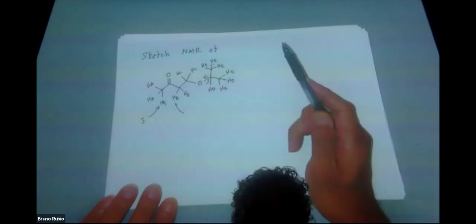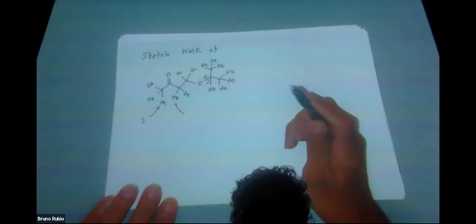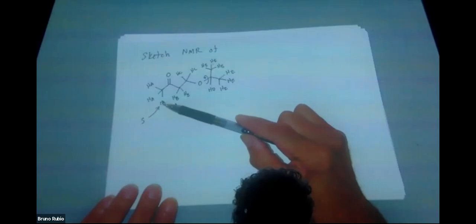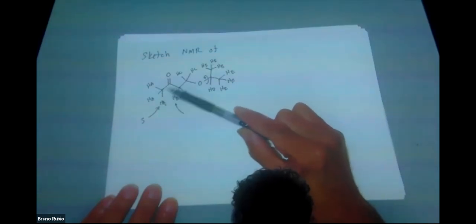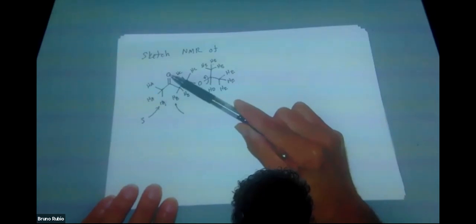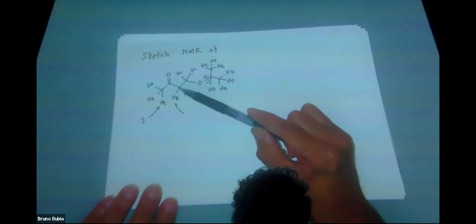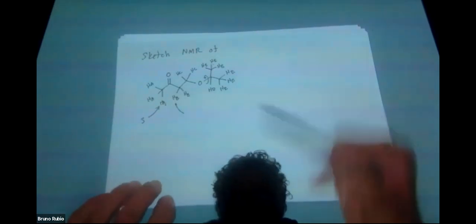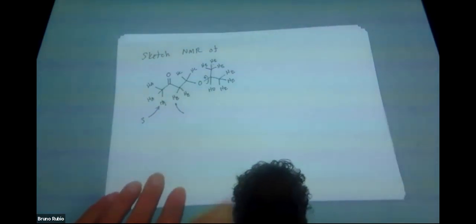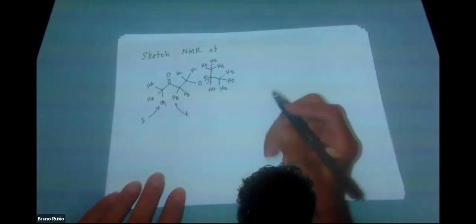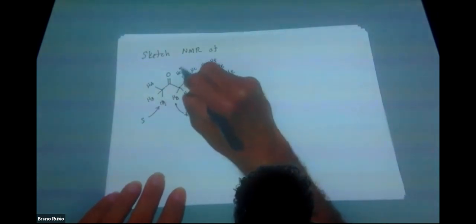There is no splitting between protons that are equivalent to each other. So is there a proton 3 bonds away from HA? 1, 2, 3. Nope, that's an oxygen. 1, 2, 3. Nope, that's a carbon. So what's the splitting pattern of HB? A triplet. What's the splitting pattern of HC?